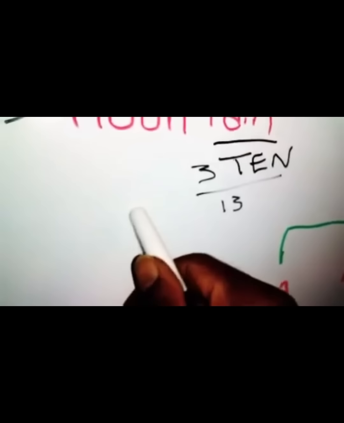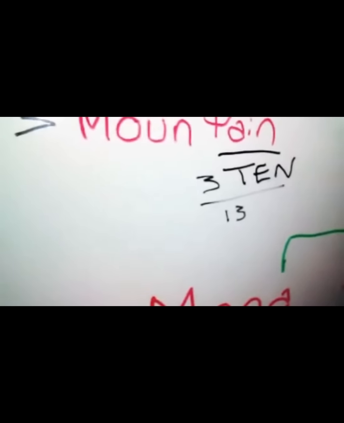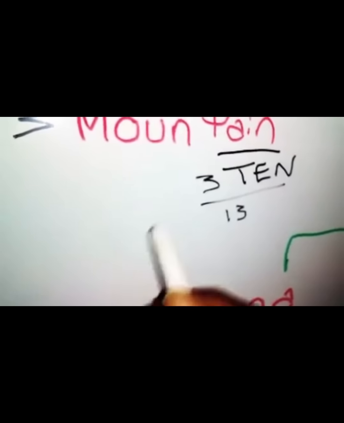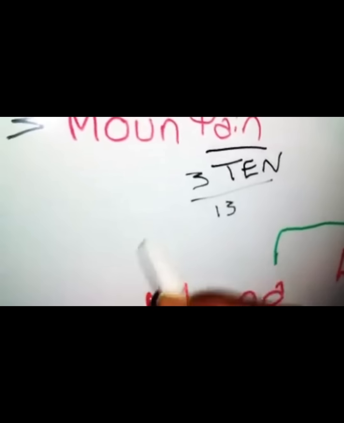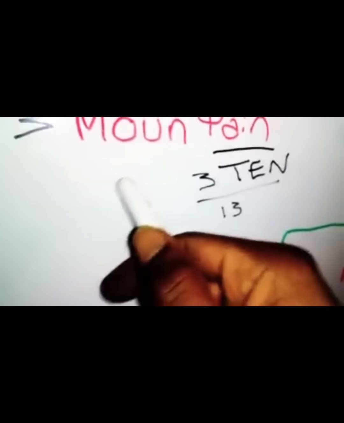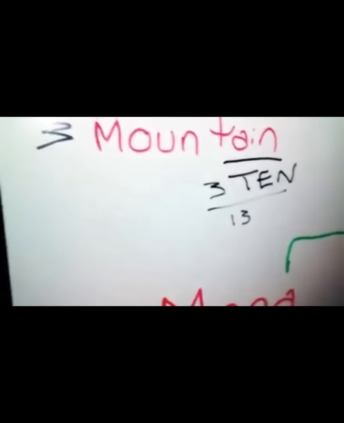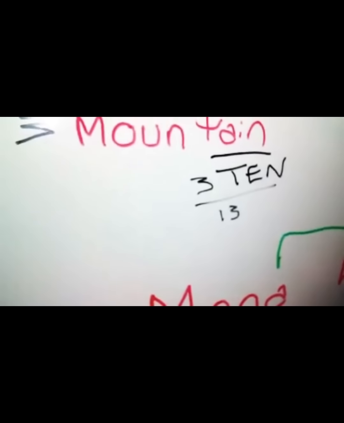And there's 3 people on the mountain: Moses, Elijah, and the Son of Man. 3 on the Mount, 10. So even in the signs and the symbolism in the Bible, it's telling you that the word mountain and 3 people on the mountain is 13. We're talking about that which is to come, shrouded in mystery.